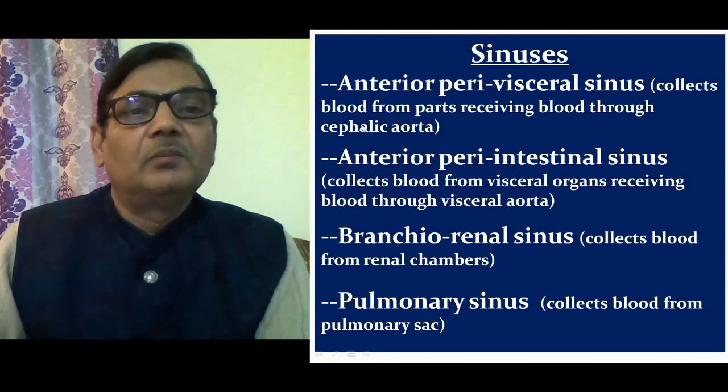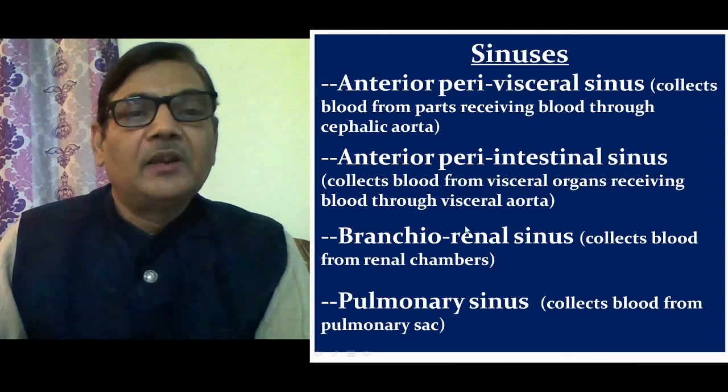So the blood coming from the cephalic aorta will be collected in the anterior perivisceral sinus. Then the other sinus is the anterior periintestinal sinus, that collects blood from visceral organs receiving blood through the visceral aorta.